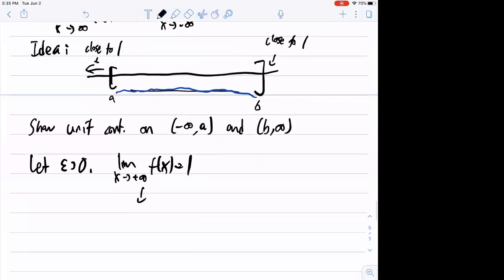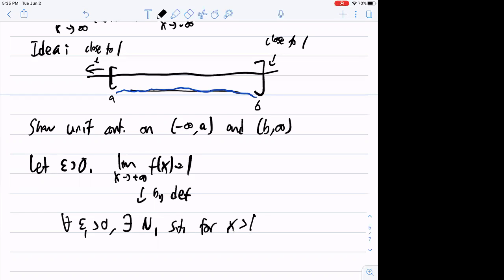So this by definition means, for all epsilon 1 bigger than 0, there exists n1 such that for x bigger than n1, f of x minus 1 is less than epsilon 1, right?